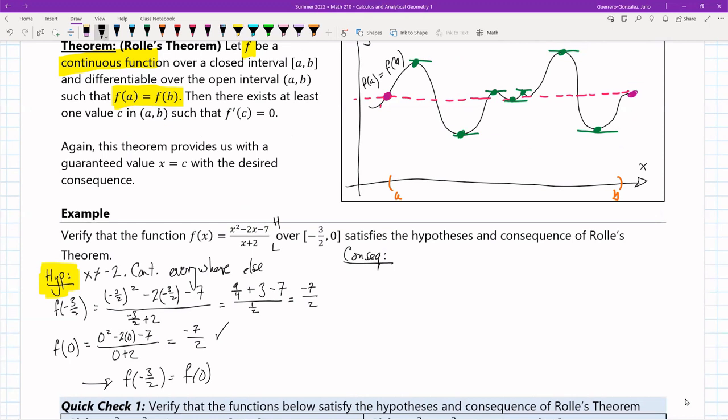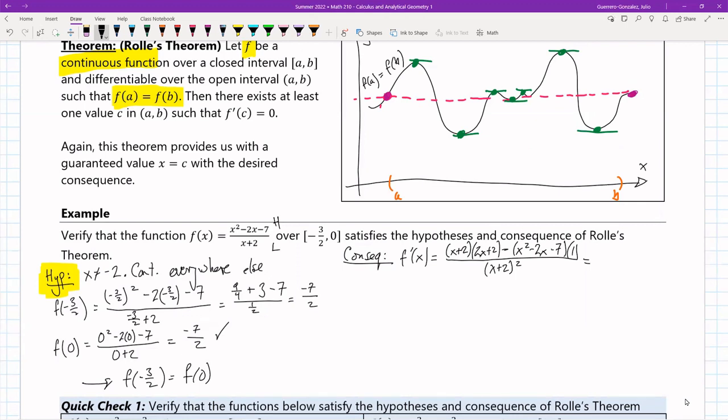I'm going to skip a couple steps. f prime of x is equal to low, x plus 2, d high, that's 2x plus 2, minus high, x squared minus 2x minus 7, d low times 1, all over the bottom squared, x plus 2 quantity squared.